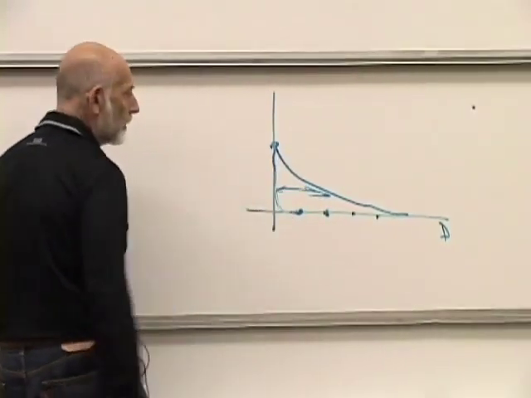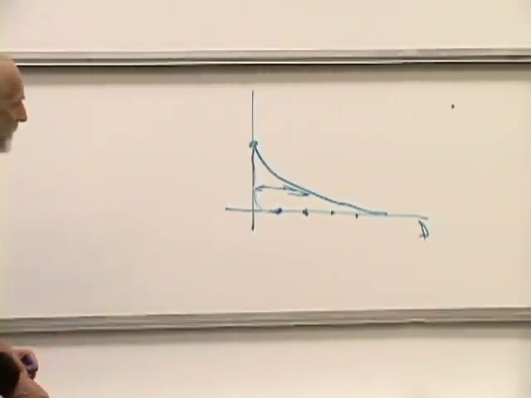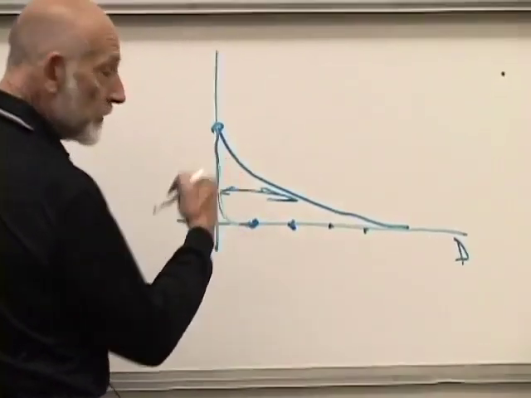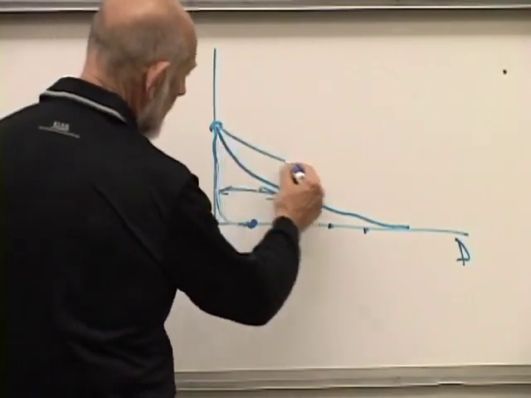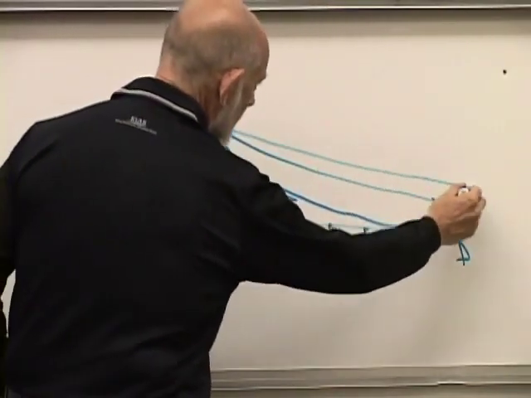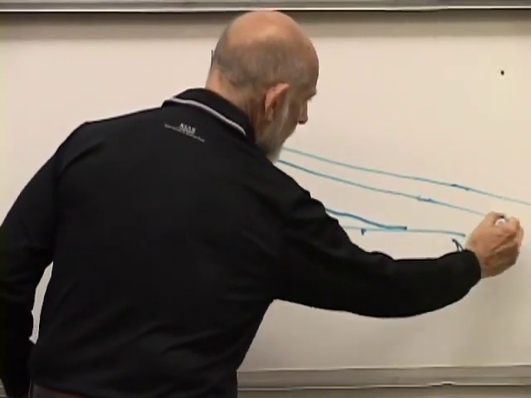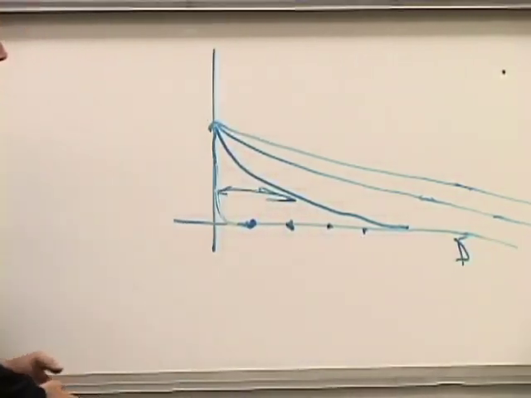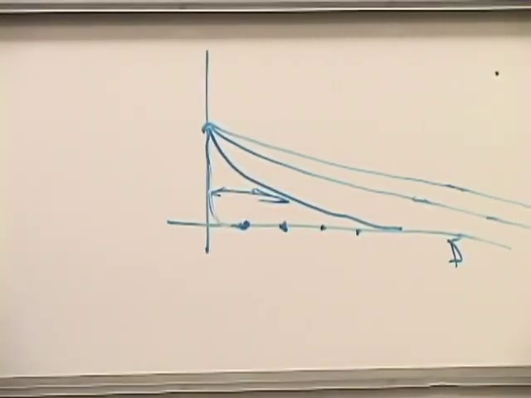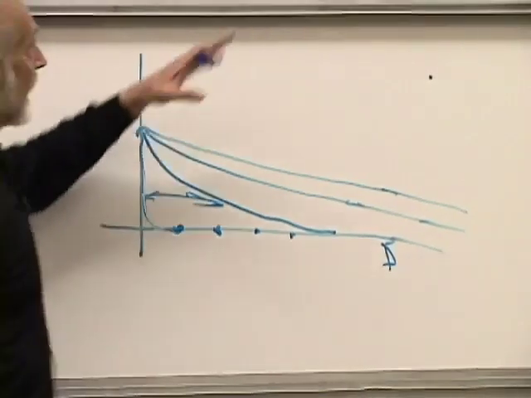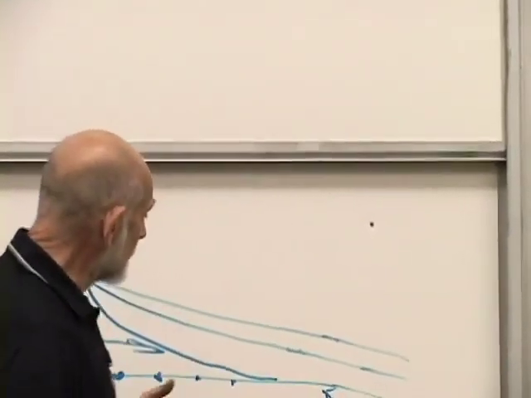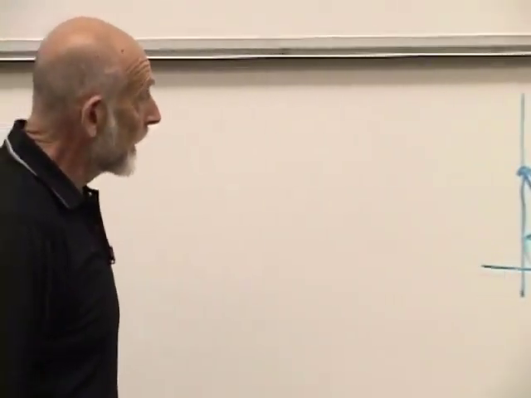Here, the correlation length is very, very small, and m is very large. As you lower the temperature, the correlation length gets longer and longer, and the inverse correlation length, m, gets smaller and smaller. Okay?